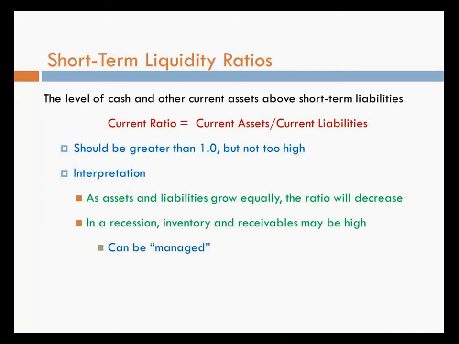And you'd like that to be greater than 1. A lot of these ratios don't have a target number, but in this case, you want it to be greater than 1. Now remember, current assets are cash, cash equivalents, prepaid liabilities, inventory, marketable securities. So it's not just cash. There are lots of things in this current asset category.